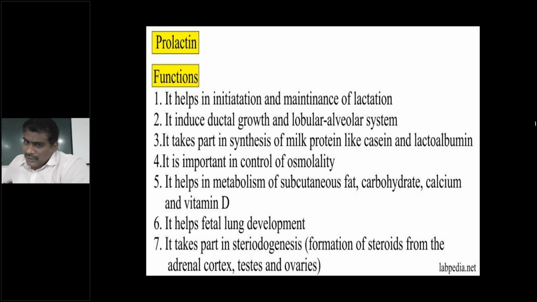It helps in the metabolism of subcutaneous fat, carbohydrate, calcium, and vitamin D, and it helps in fetal lung development. It takes part in the formation of steroid hormones from the adrenal cortex, testes, and ovary.